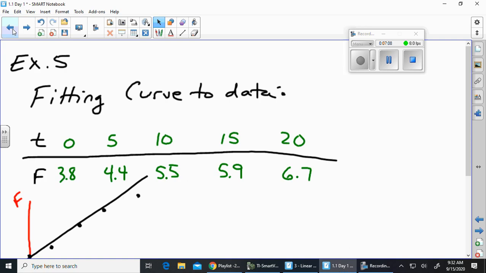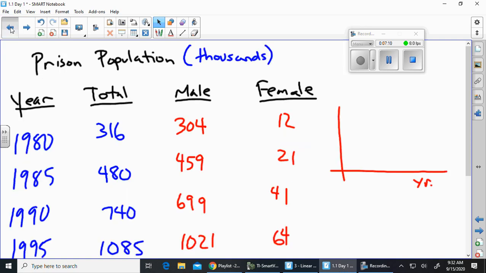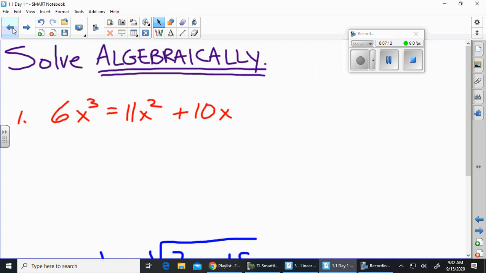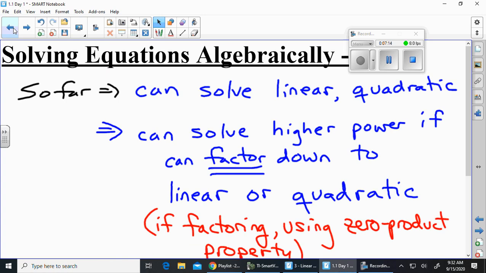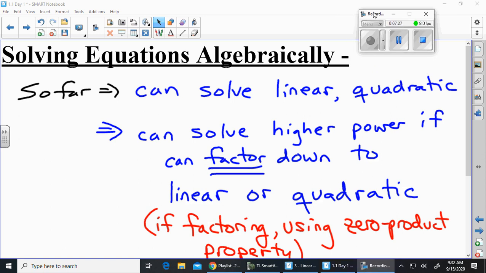So, last thing that I want to go back to, and this is really where some of this is going to be review. What should you be able to do so far in this class algebraically, which means you're showing me all your work? You can solve linear, x to the first.